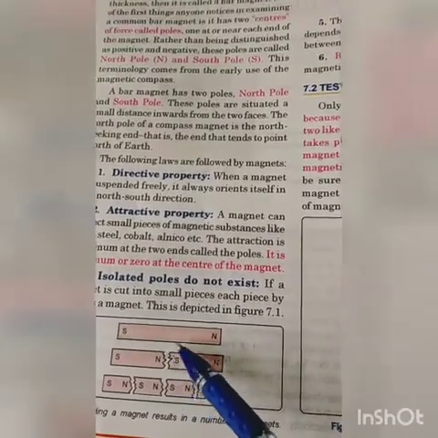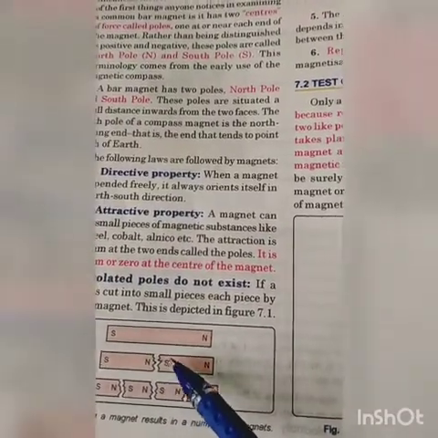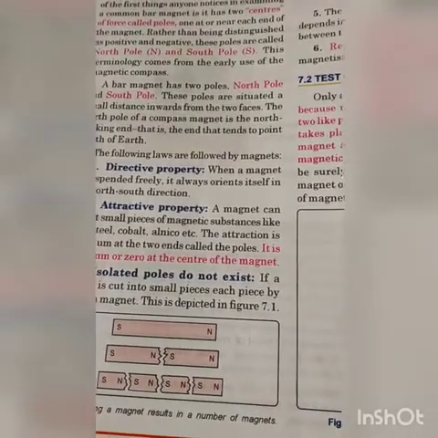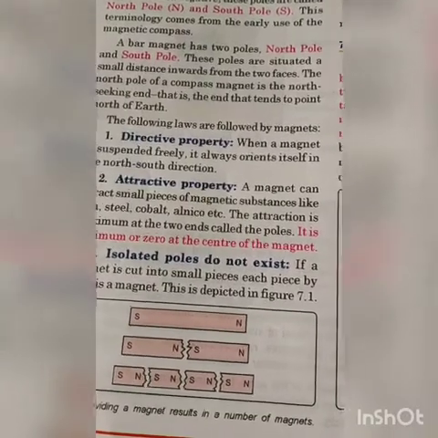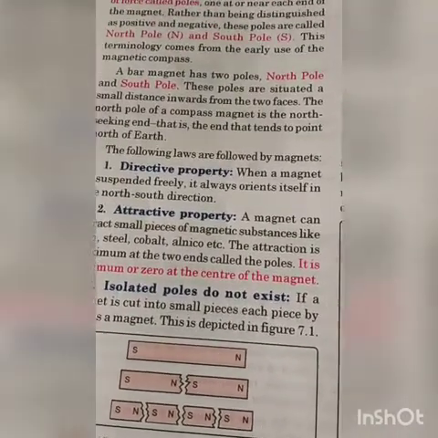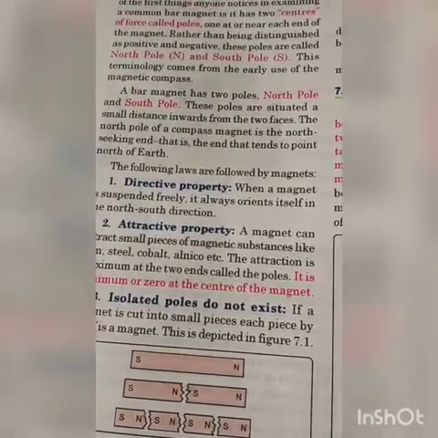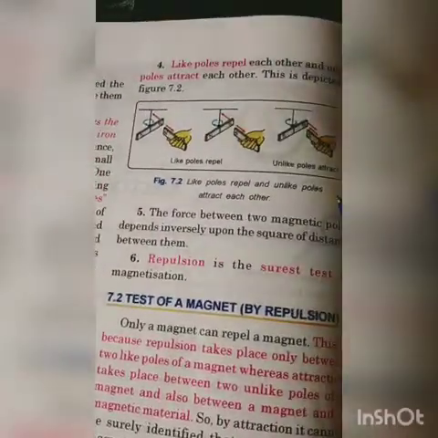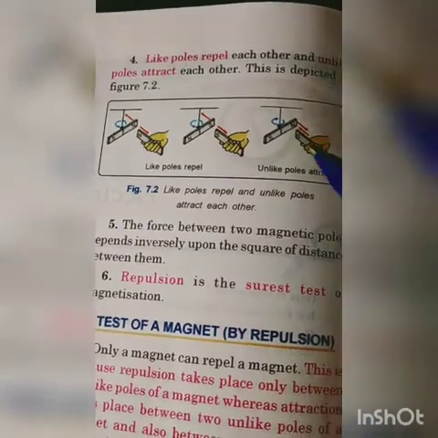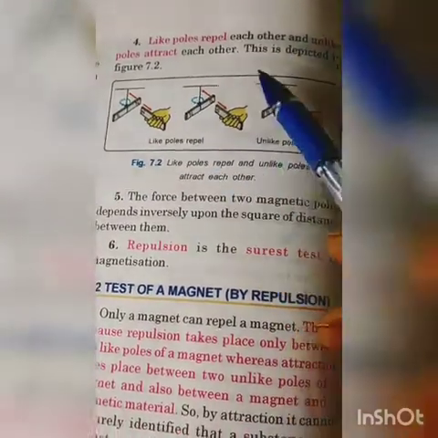North becomes here, and the south of this magnet becomes here. So if you keep on breaking, new poles are formed, and they behave like a separate magnet.